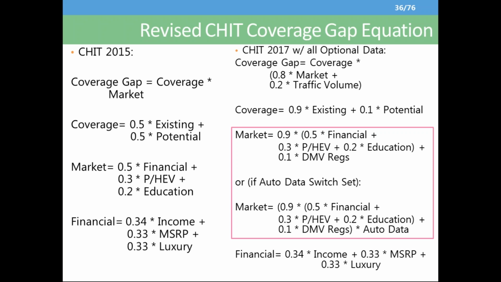And then here within the pink box in the second portion, you can see the second version of the market evaluation, where we envision the auto manufacturer data would be used as a multiplicative correction factor to the predictive data that we use through CHIT.